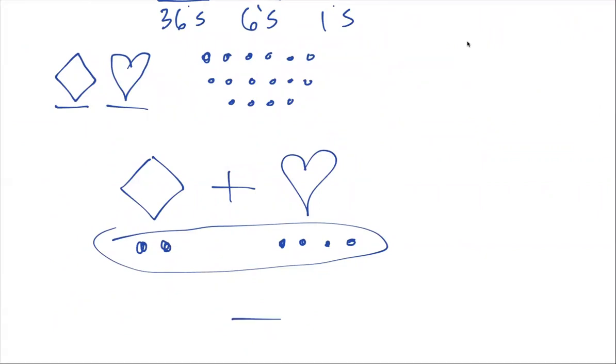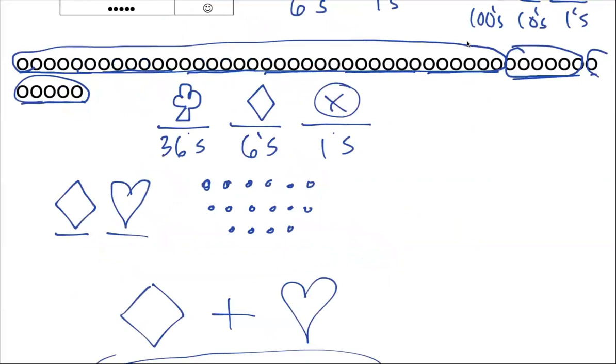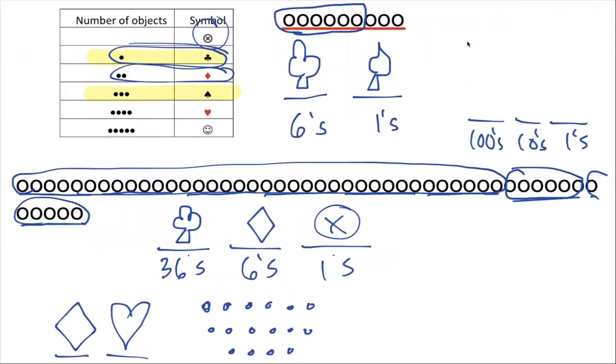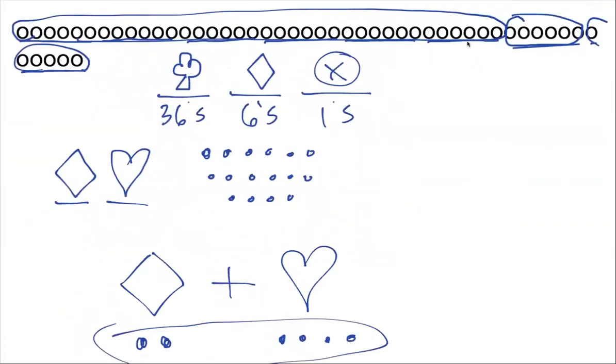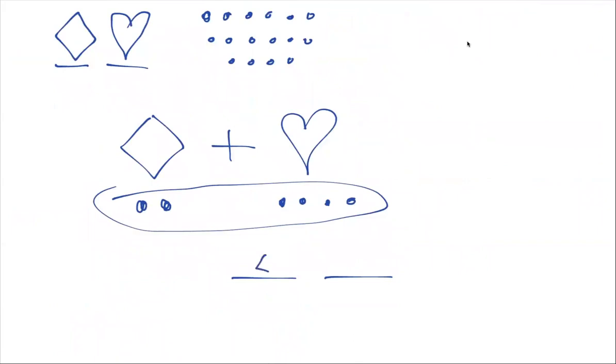So again, place value, right? If I have any groups of 6, I'm going to that second place value. I have 1 group of 6, right? And the 1 is that clover. So I have 1 group of 6, I'm going to put the clover there. And then I have nothing left over because I've circled all of them. All right, that's that symbol.